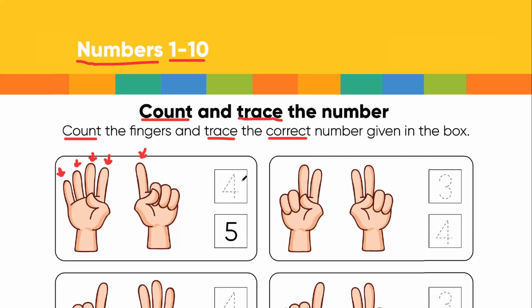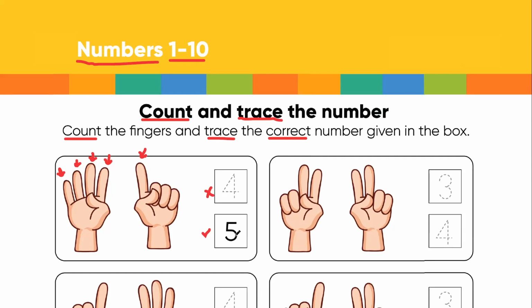And in front of it, you can see that we got two boxes. The first box contains the number 4, and the second box contains the number 5. Now we have just counted how many fingers are opened. 5 fingers are opened. That means that 5 is the correct answer and 4 is the wrong answer.